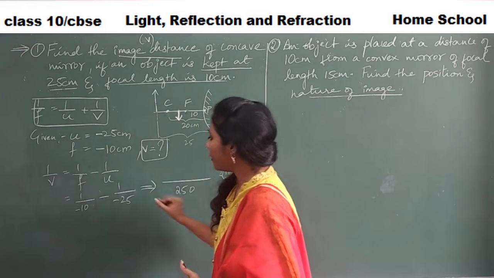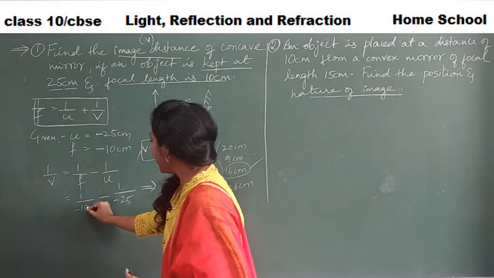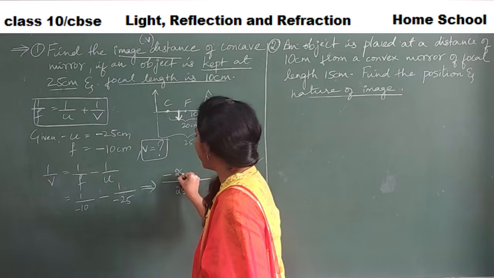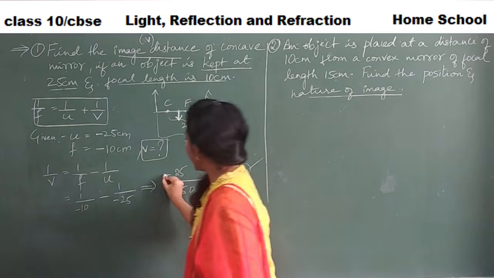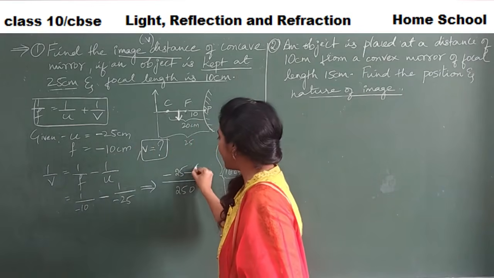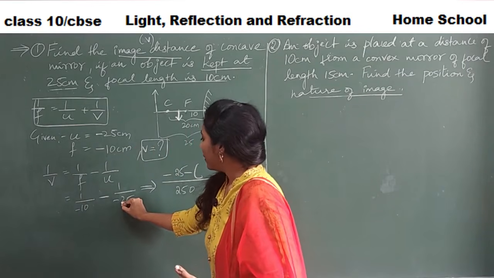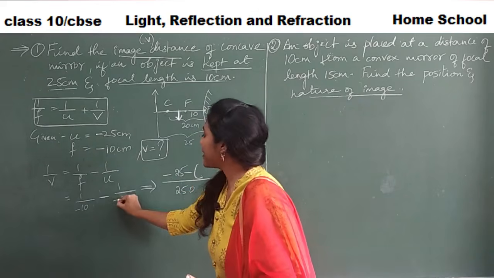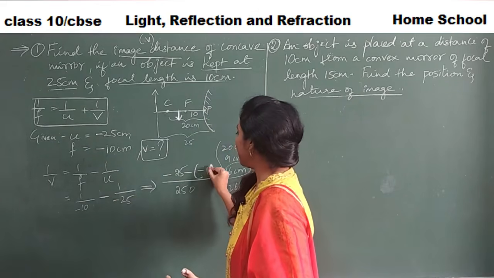In the numerator, what will I get? 10 25s are 250, right? So minus 25. The minus sign is there, you shouldn't forget this minus. Minus of, in between minus is there. Minus of, and 25 tens are 250, right? So minus sign, don't forget, minus 10.